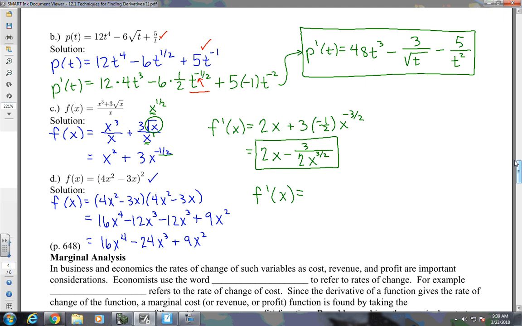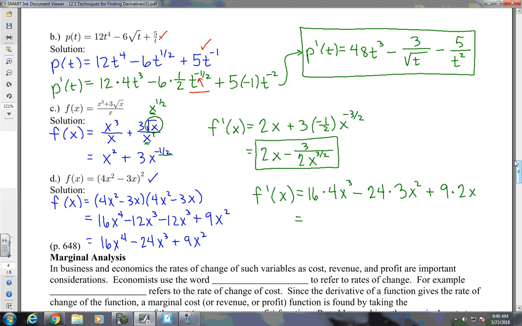because that fundamentally changes the function. Applying our power rule and our constant multiple rule term by term, we have 16 times 4x cubed minus coefficient 24 times power rule 3x squared plus coefficient 9 times derivative 2x to the 1st.